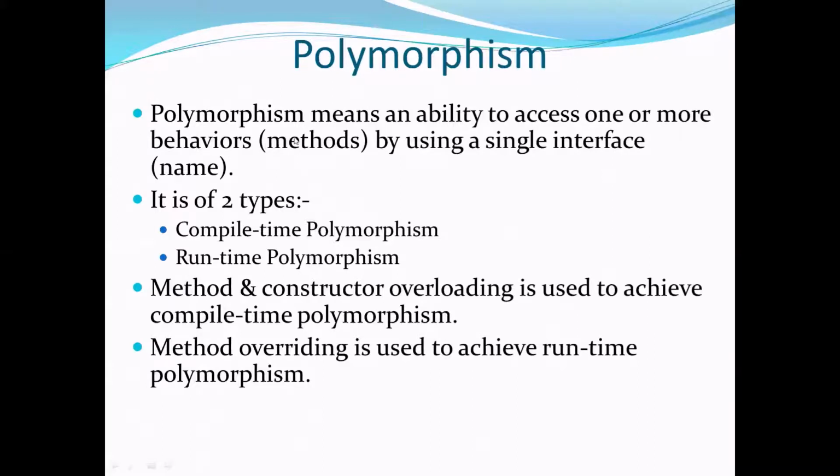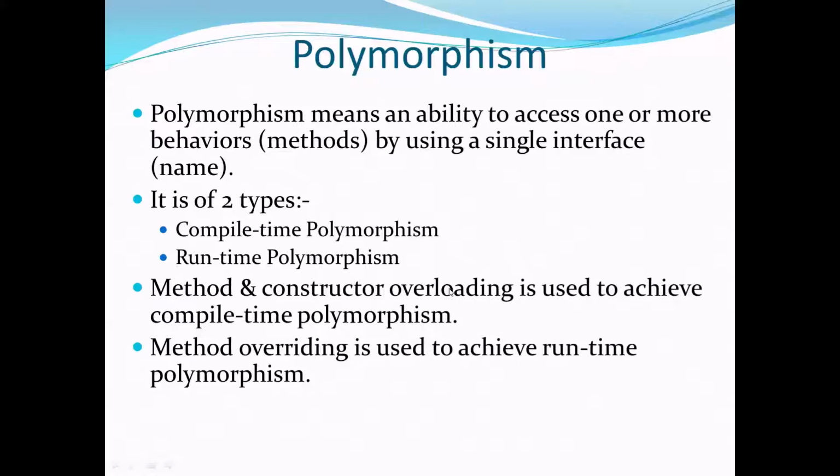So that's why polymorphism means an ability to access one or more behavior methods by using a single interface. Single interface means the name will always remain the same, and it will be of two types. One is called compile time polymorphism, and the second one is called runtime polymorphism. And to implement compile time polymorphism in coding, we use method and constructor overloading.